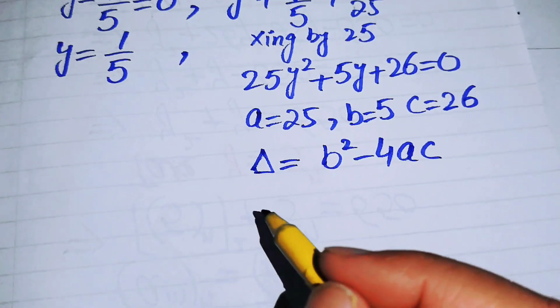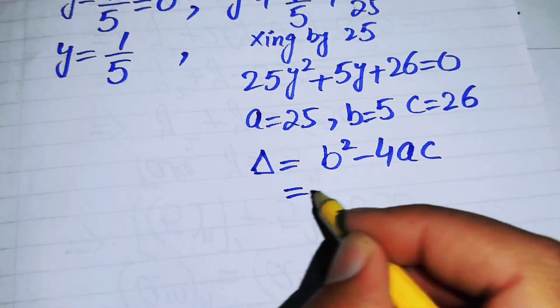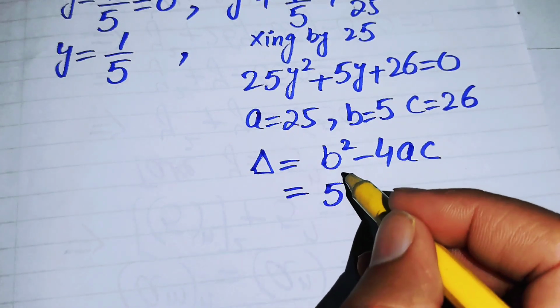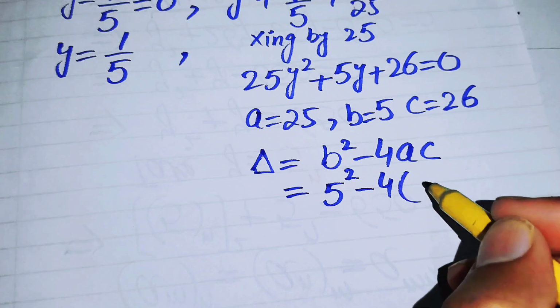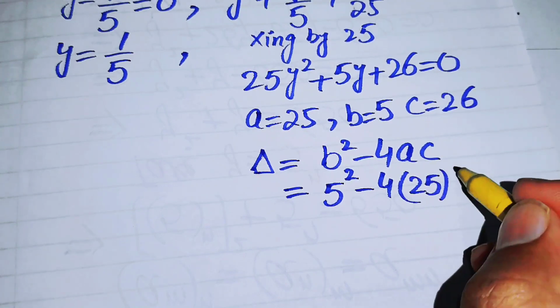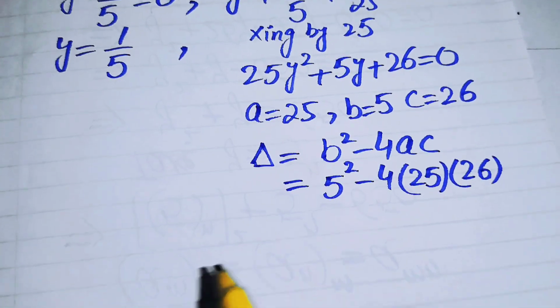Now we put the values of a, b and c, and you get 5 squared minus 4 times 25 into 26.